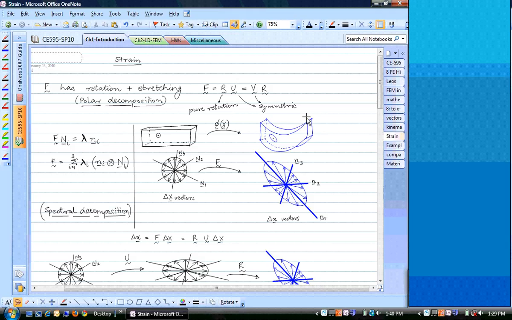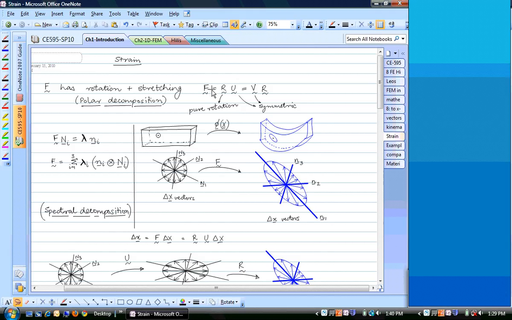Another way of decomposing this F is called the polar decomposition method. What it says is that we can imagine the effect of F as a combination of a pure rotation R and a symmetric tensor that only stretches the principal directions.